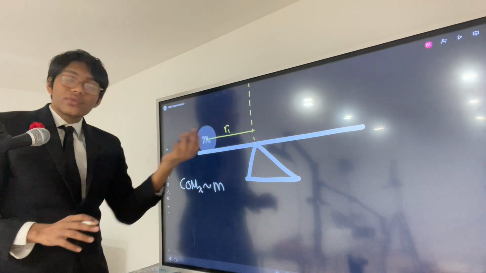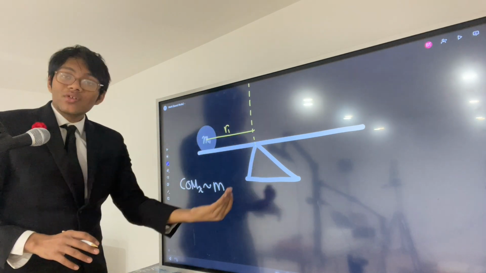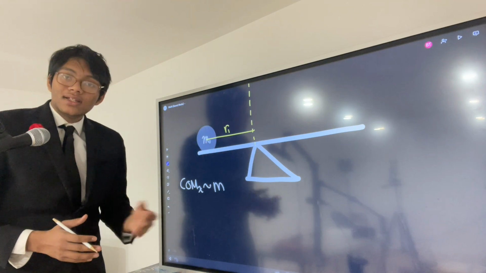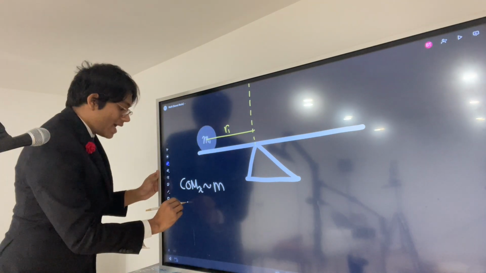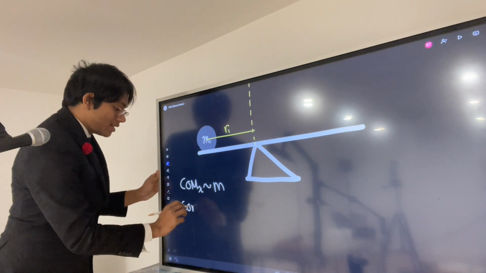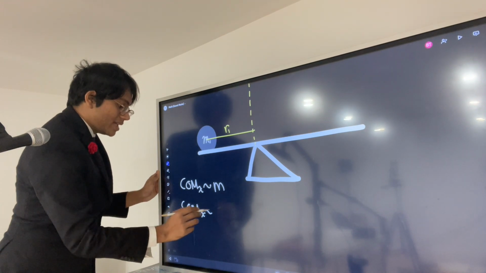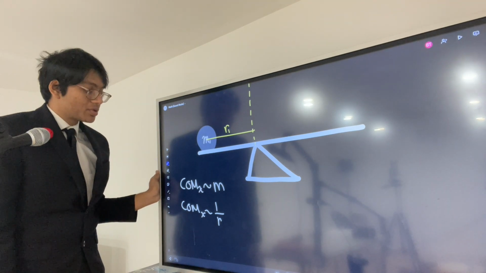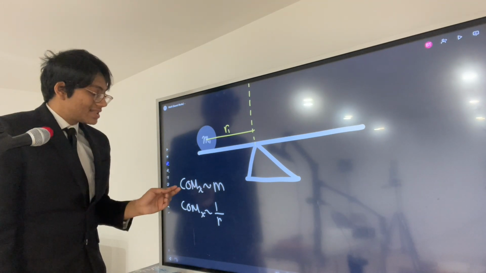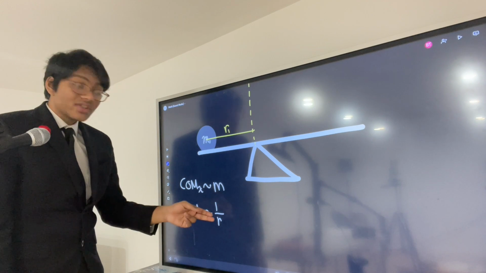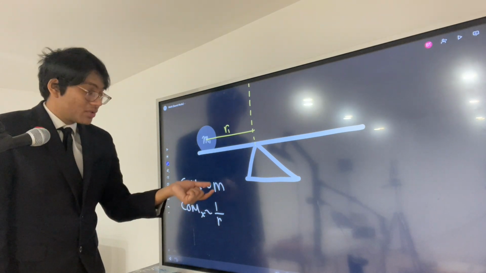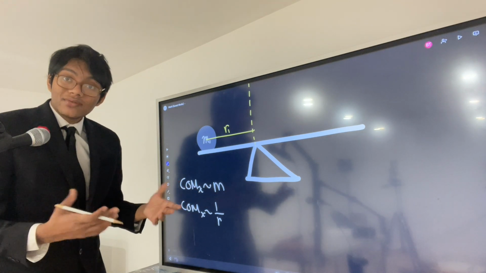But we also know that the farther the mass is from this fulcrum, the less the center of mass will deviate from the center line. So that means the center of mass in the x direction would be inversely proportional to the radius, right? If something is inversely proportional with something else, you gotta multiply it, right?